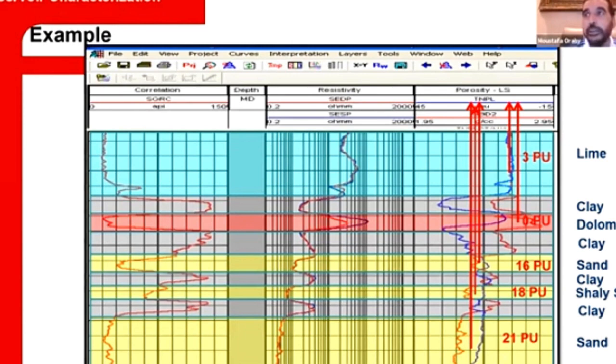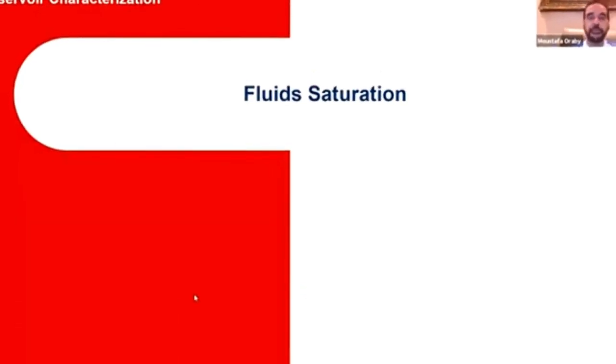So here you go. From the neutron density, by my bare eyes, I identified my lithology and I also calculated my porosity. Very straightforward. You go right in the middle and you read the scale, because that's the middle scale between the neutron and the density. All right.